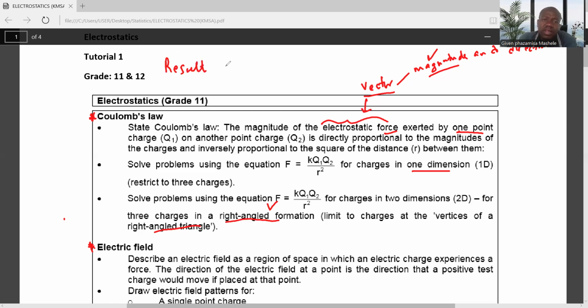When we are dealing with a resultant vector, the net force is an example of a resultant vector. And what is a resultant vector in grade 11? A resultant vector is just a single vector that has the same effect as all the other vectors added together. This is the definition of a resultant vector.